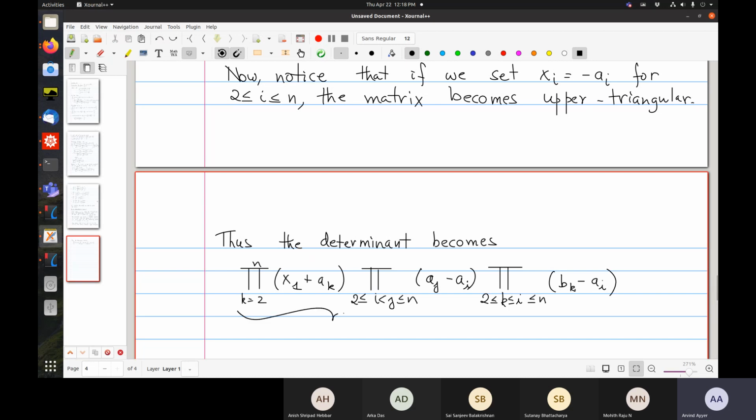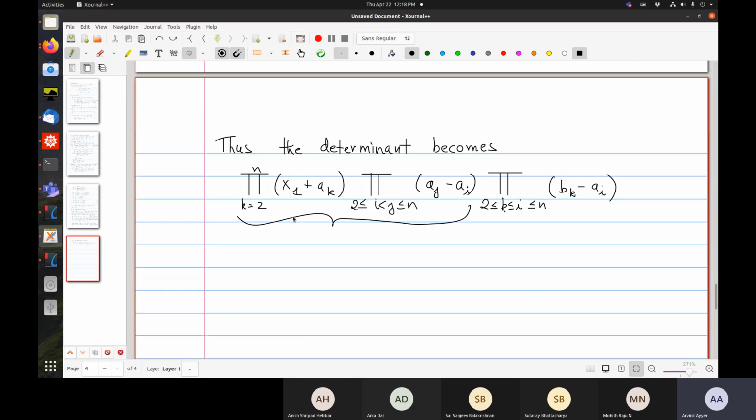Okay, and now if you compare with the Vandermonde, so this part is the Vandermonde part with xi equals minus a. Right?